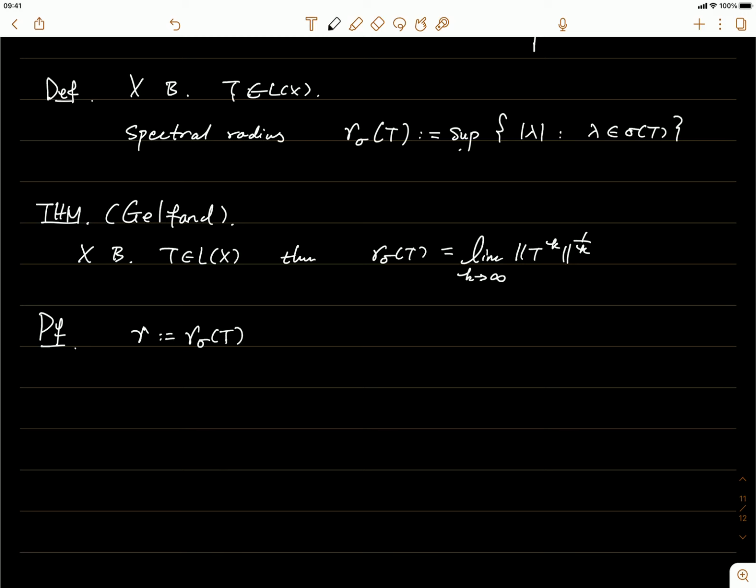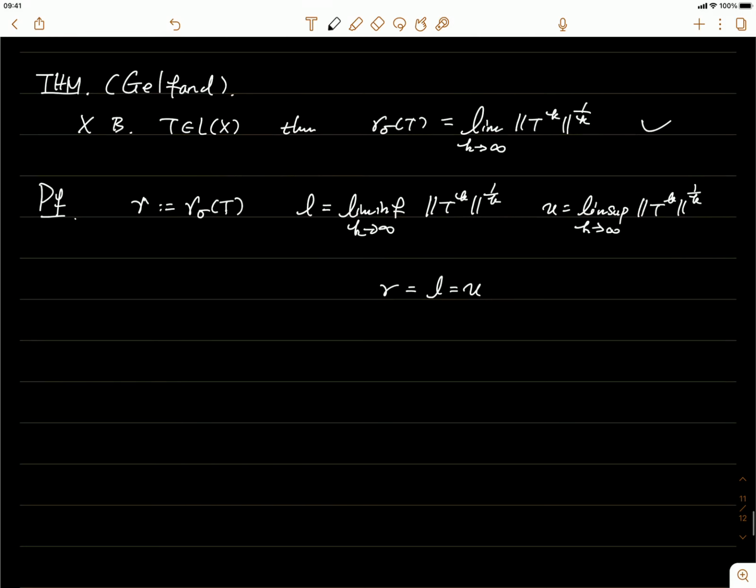And call L the lower limit of this, norm of T^k to the 1 over k. I'm going to define U to be the upper limit of this. Okay, so the goal is to show that if the limit exists, then L should be equal to U. And also I want to show that R is equal to these two values. If we can do that, then we can prove this, right? So that's our goal.